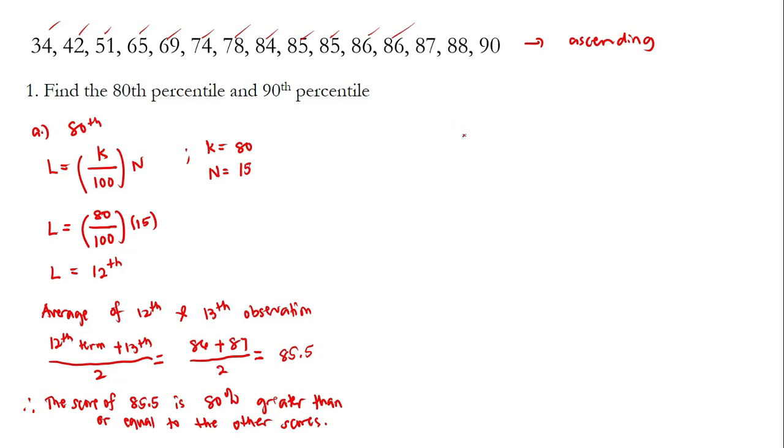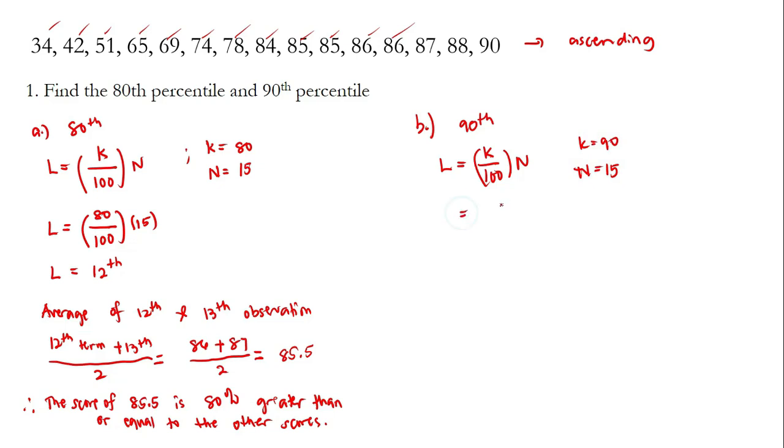So, that's it. How about letter B? Let us find the score if the percentile is the 90th percentile. Again, using the formula L equals K over 100 times N, our K is 90 and our N, the total number of observations, is 15.